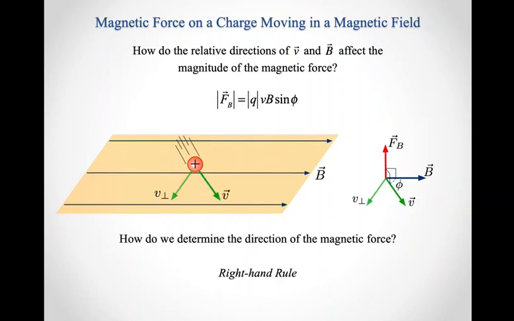If my charge is traveling in any other direction, so it's not parallel to the field, it's not perpendicular to the field, but it's traveling at some different angle, the sine of an angle between 0 and 90 is something less than 1. And so I'll have a magnetic force still. It'll simply be less than its maximum value.